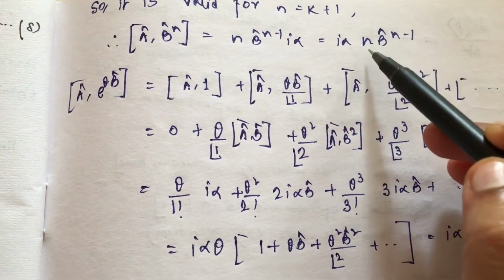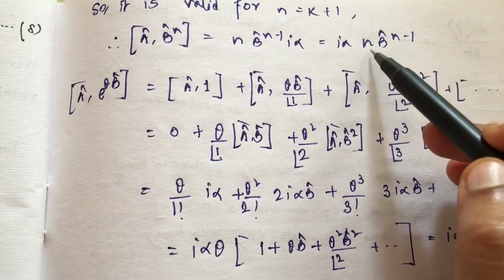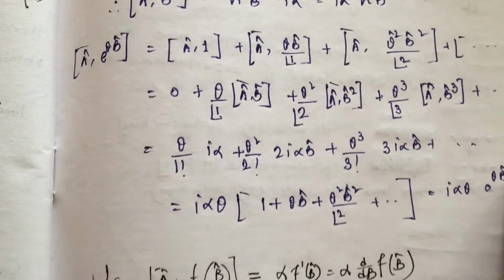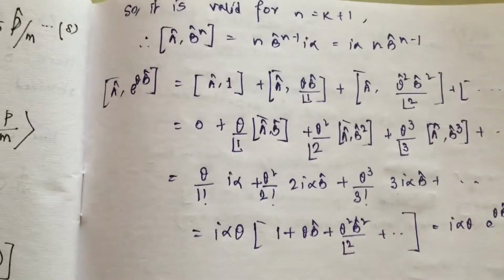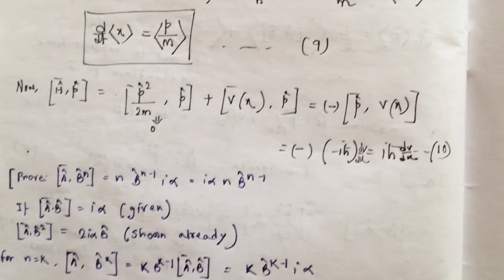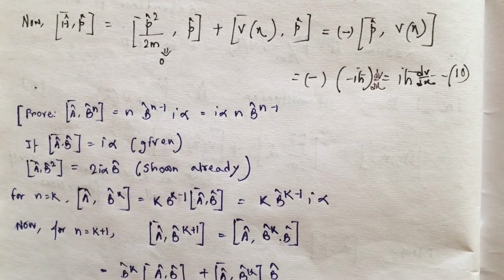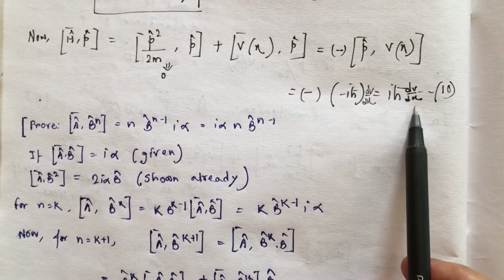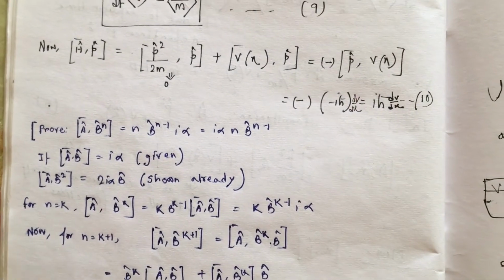So this n B to the power n minus 1 is nothing but the derivative of this B operator. So using this relation, I have obtained equation 10. The commutation relation of the Hamiltonian with the momentum operator is basically i h cross dV/dx.